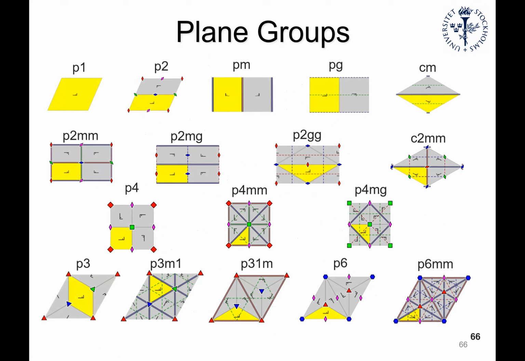Here we have those symbols that I've been showing before. A square represents a fourfold rotation axis. Here, though, instead of these ovals, we have these diamonds to represent twofold rotation. And solid lines correspond to mirror planes, dashed lines correspond to glide planes.